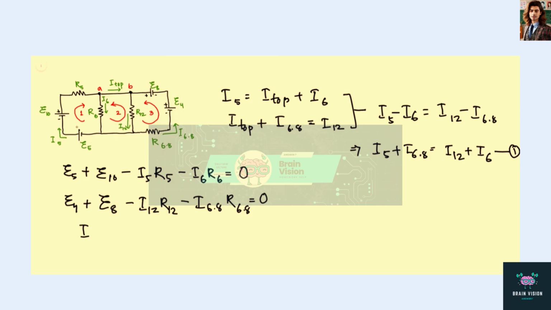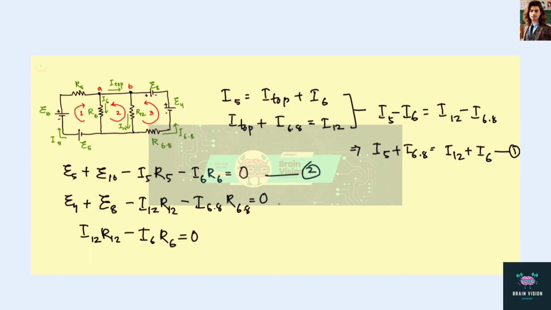Also, it doesn't really matter how your loop looks. For example, you can choose this loop 1 to be counterclockwise, and you should be able to arrive at this equation. So this is for loop 1.